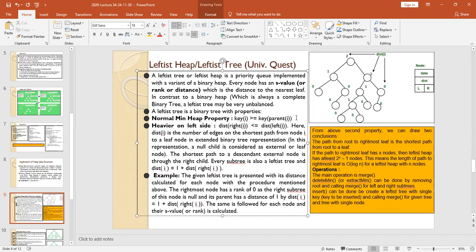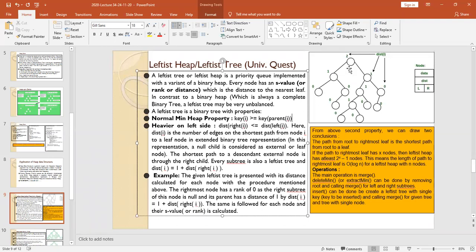That one we consider as the min heap property. But if it is heavier on the left side, that means the distance of left is greater than the distance of right, so right is less than or equal to left. Initially, left would be lesser than or equal to right, but here the left part is greater than the right part.